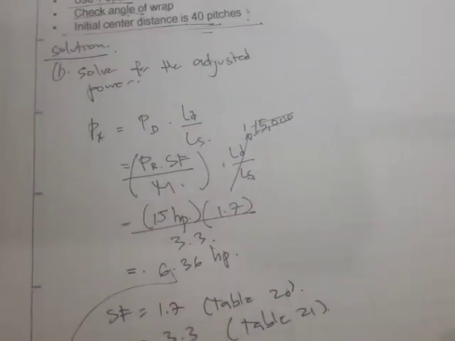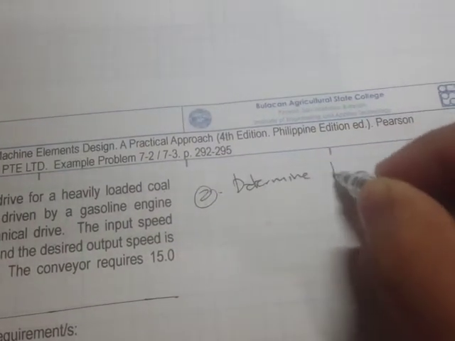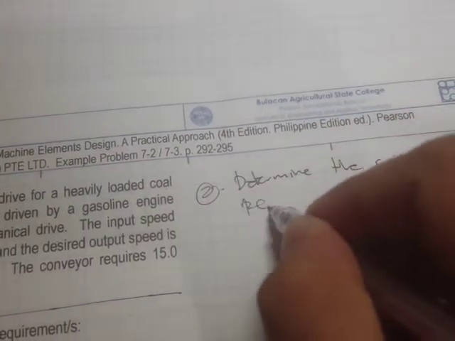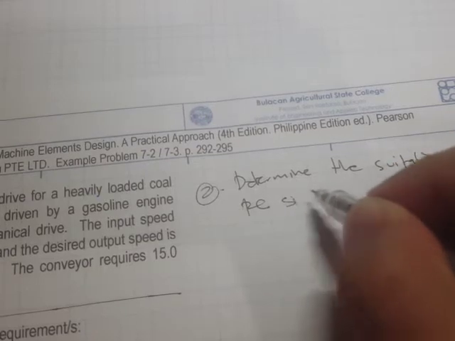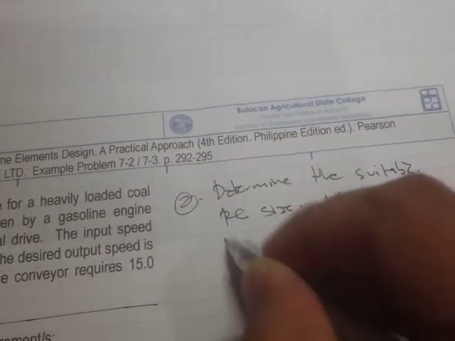Okay, so the next step is to determine the suitable RC roller chain size using the power rating table.